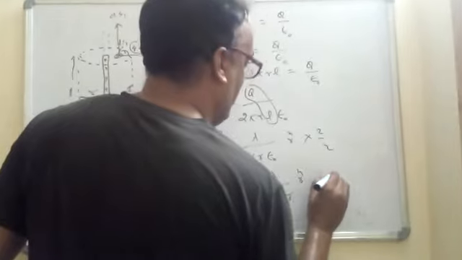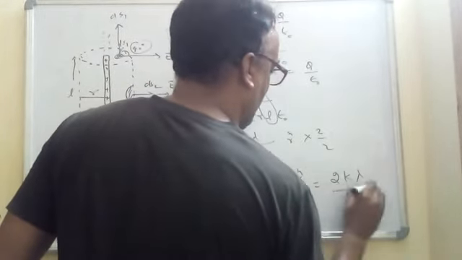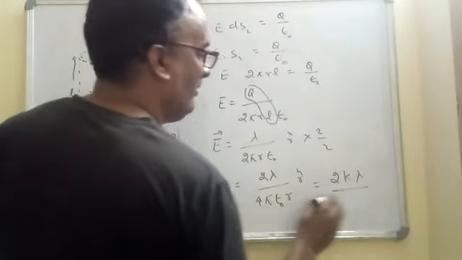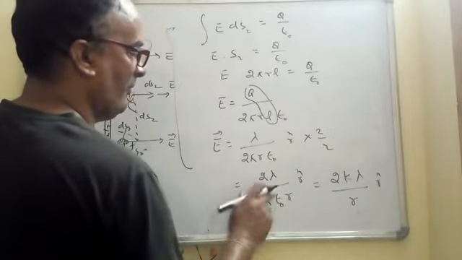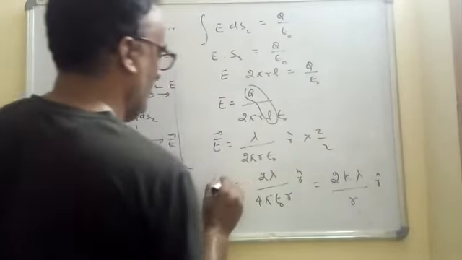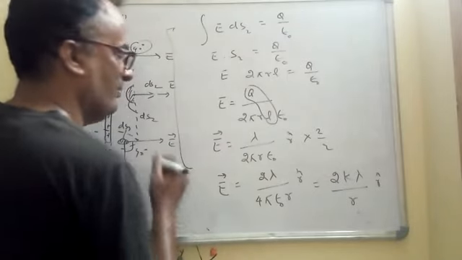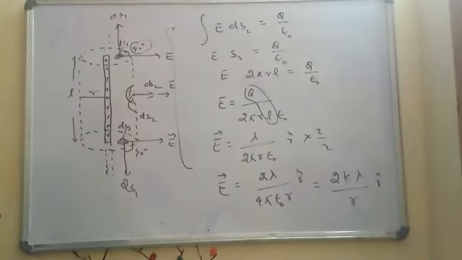So this equals 2k lambda upon R. So this is the electric field intensity due to this infinitely long thin linear charge surface. This is the formula for it.